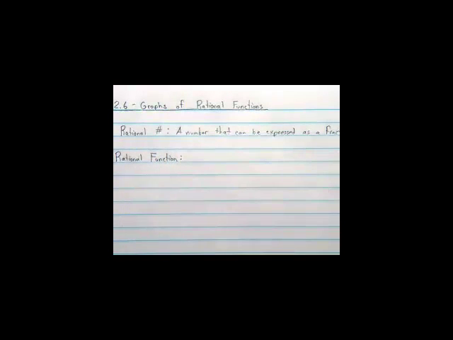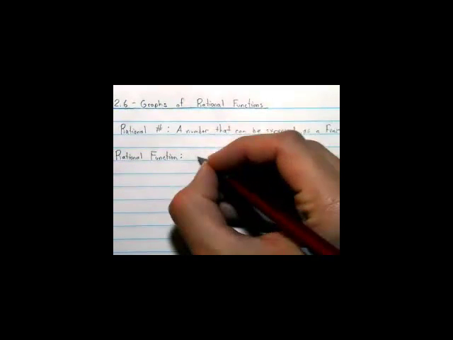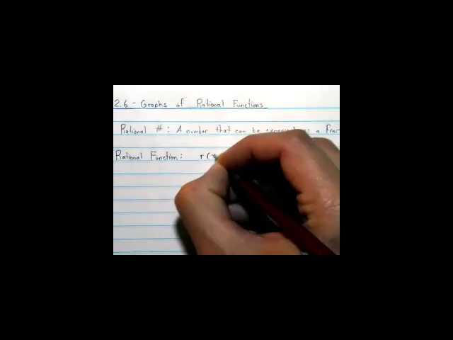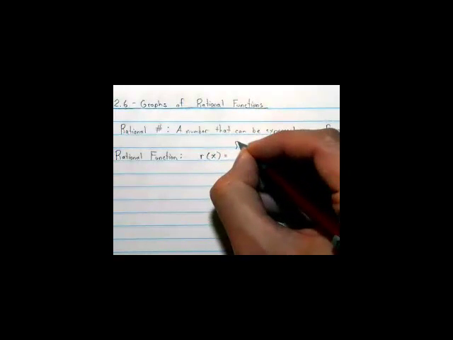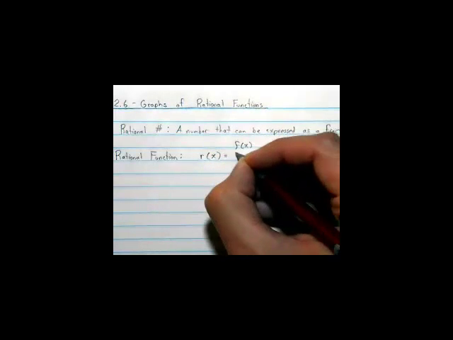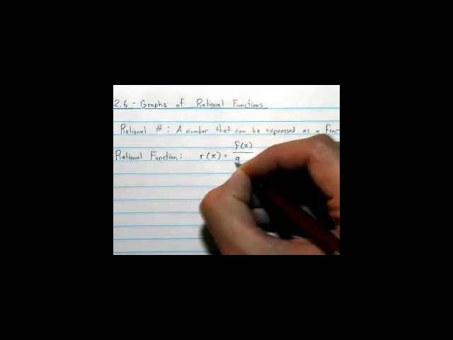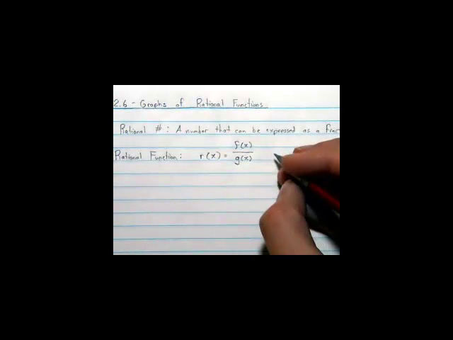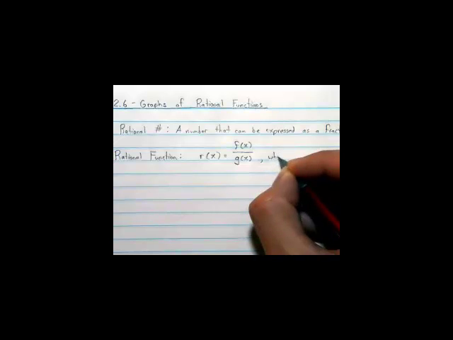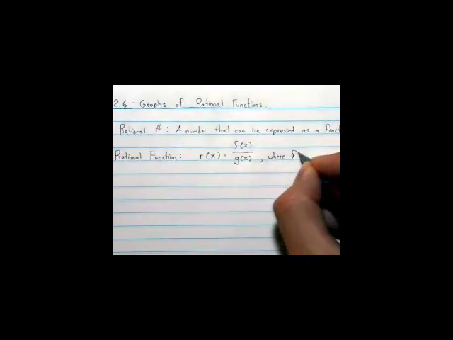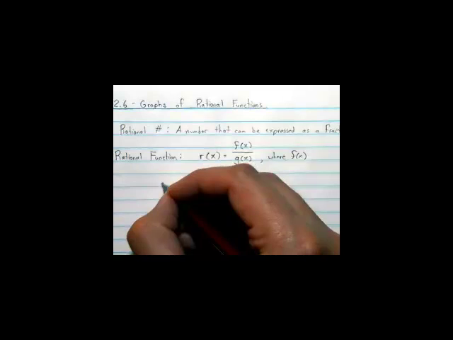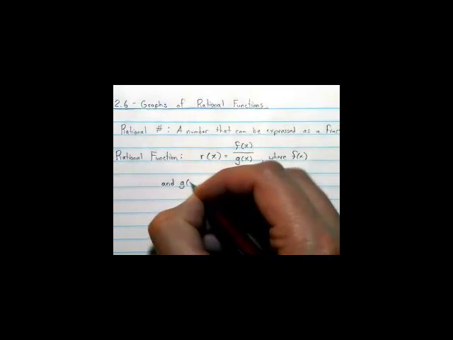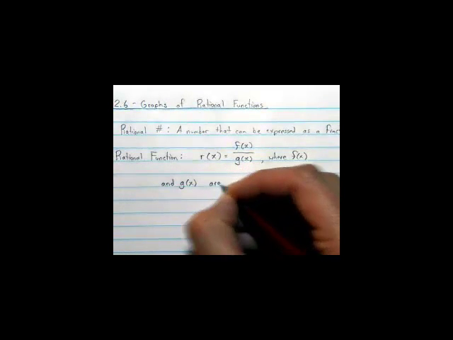The way that it's set up is, if we call it r of x for rational, it's equal to a function, call it f of x, divided by another function, call it g of x, where f of x and g of x are polynomials.